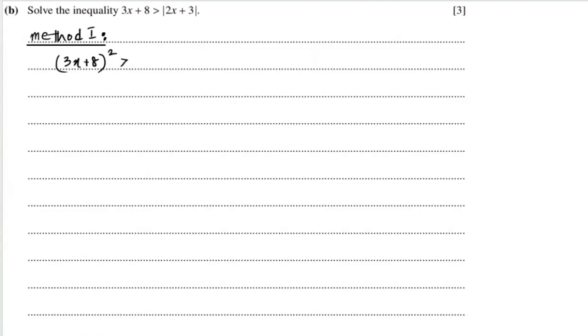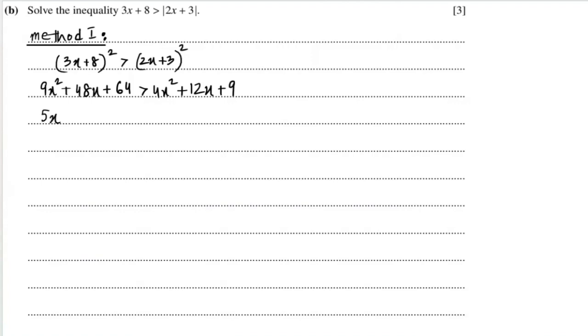When you square, the modulus is equivalent, so it goes away. Let's expand this. 9x squared, 24 double is 48x, plus 64, greater than 4x squared plus 12x plus 9.